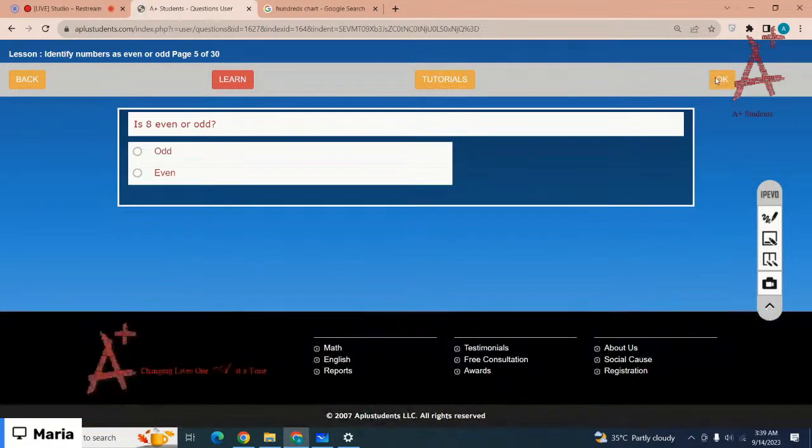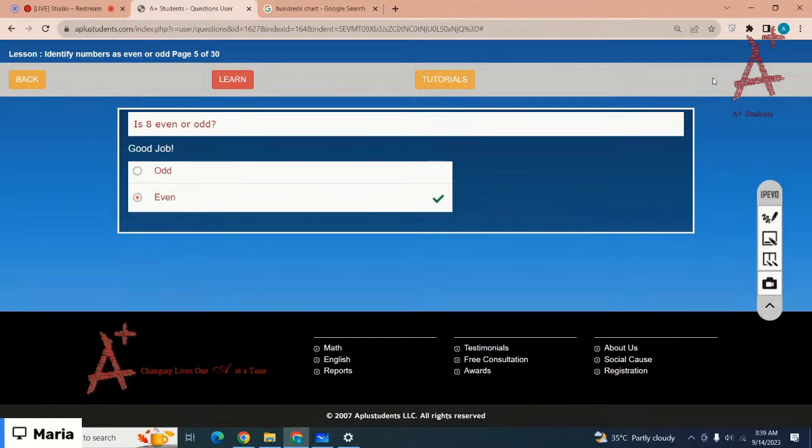Okay, the next one: is 8 even or odd? Yes, 8 is an even number because you can divide 8 completely. 8 is completely divisible by 2, 2 times 4 is 8, right?